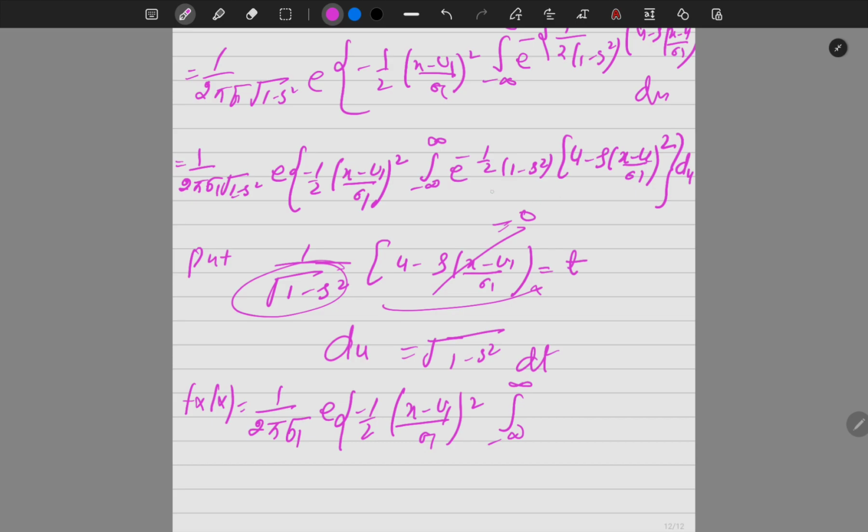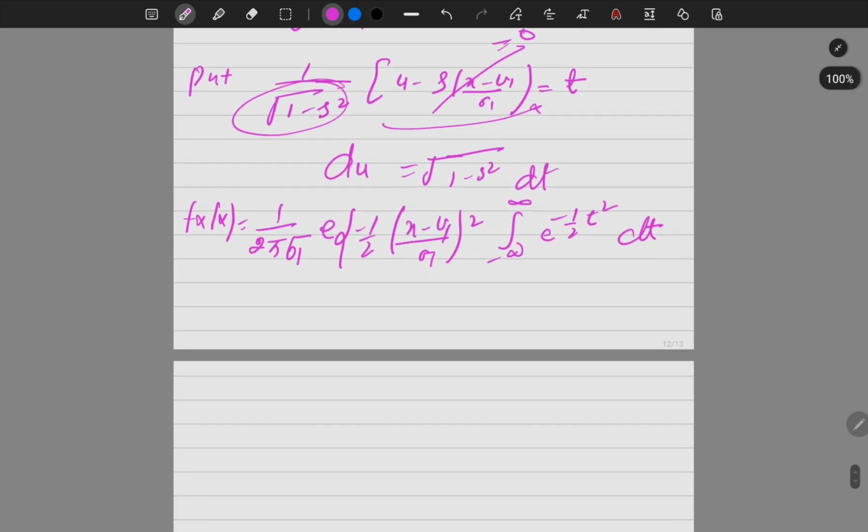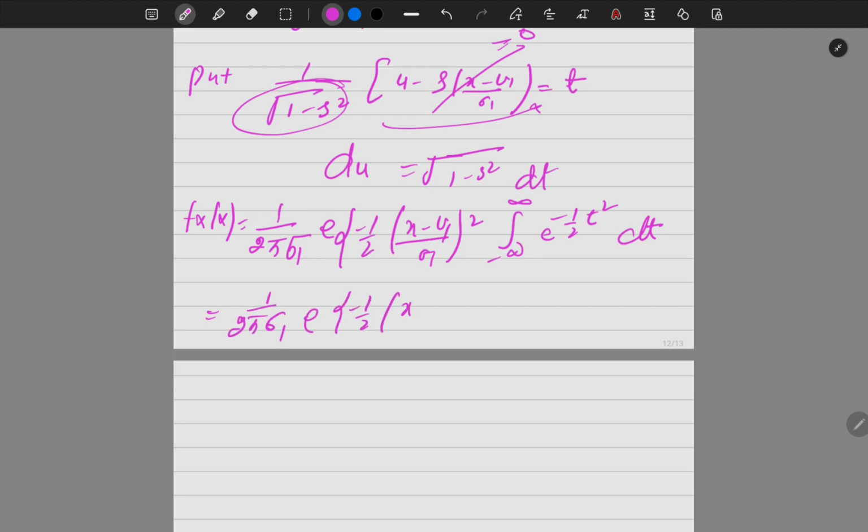See, look at this term, this becomes e raised power minus 1/2, and this is t, so t with square, that becomes e raised power minus 1/2 t square dt. I hope you are getting me, right? So this will become 1/2 pi sigma 1, e raised power minus 1/2 ((x minus mu 1) upon sigma 1) square.